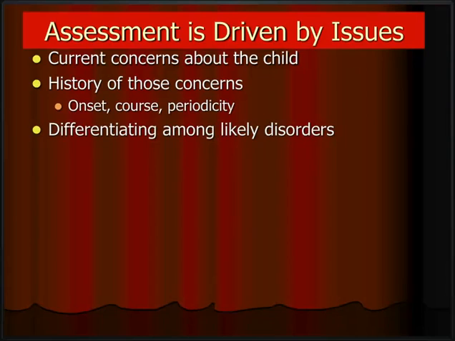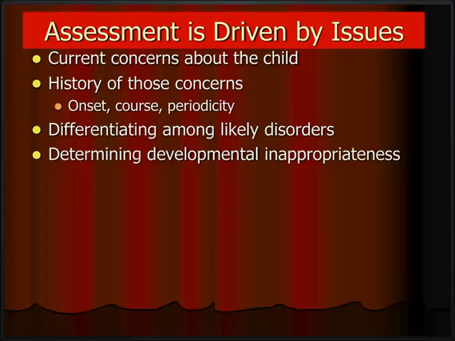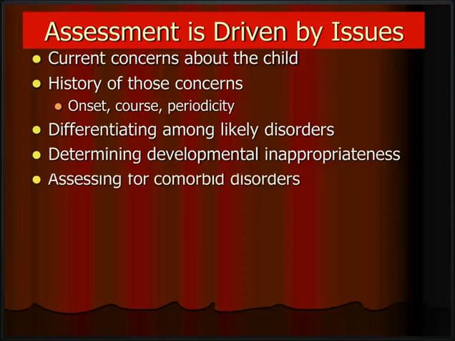This, of course, is an issue of differential diagnosis. And then one needs to determine the developmental inappropriateness of the individual's symptoms, because the severity of the symptoms is also a factor in the diagnostic criteria for various disorders. And then, as I've indicated previously, ADHD is often associated with other comorbid disorders, and therefore assessing those comorbid disorders can be just as important an issue as assessing the patient for ADHD alone.